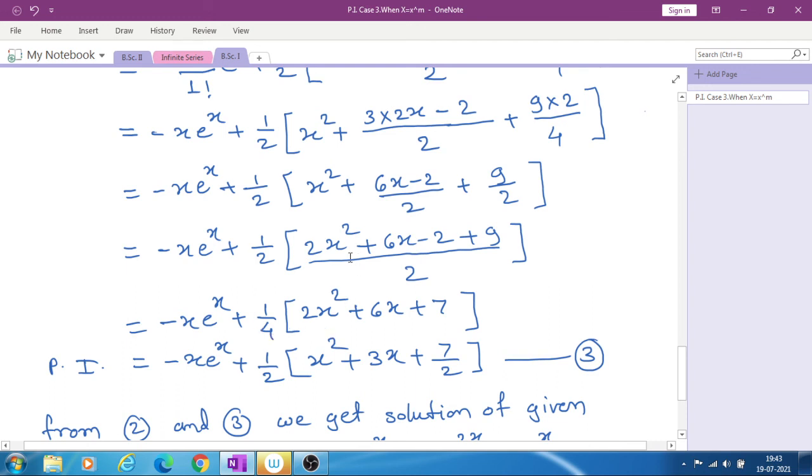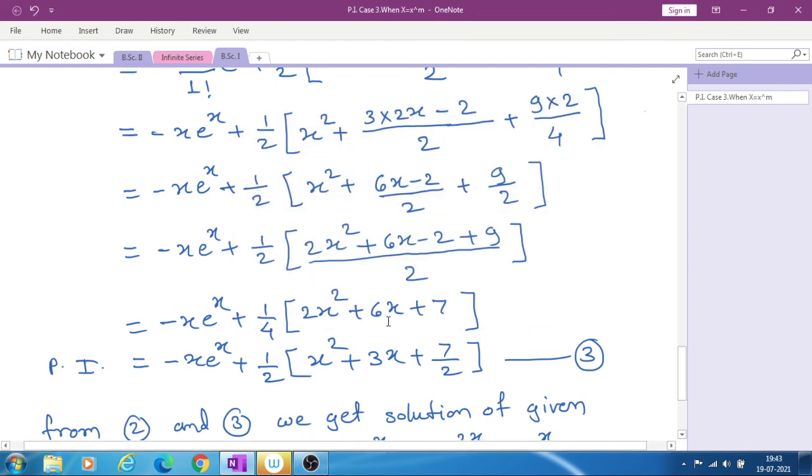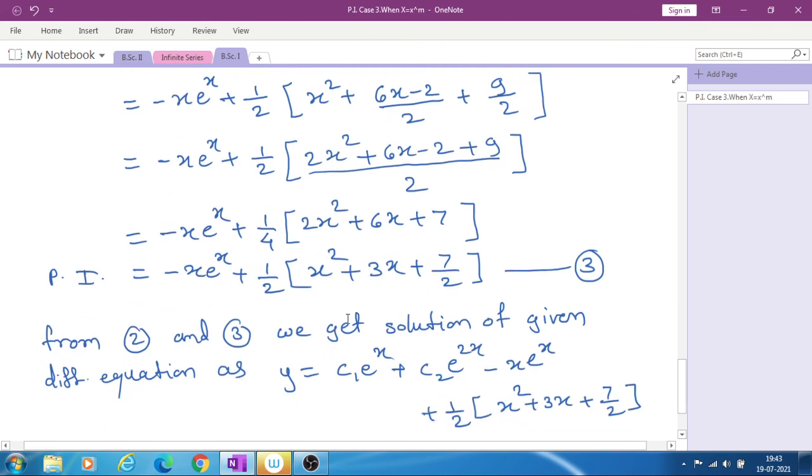So 1 upon 4 into the bracket (2x square plus 6x plus 7). Therefore this is our particular integral for e raised to x minus x e raised to x, plus this is 1/2.